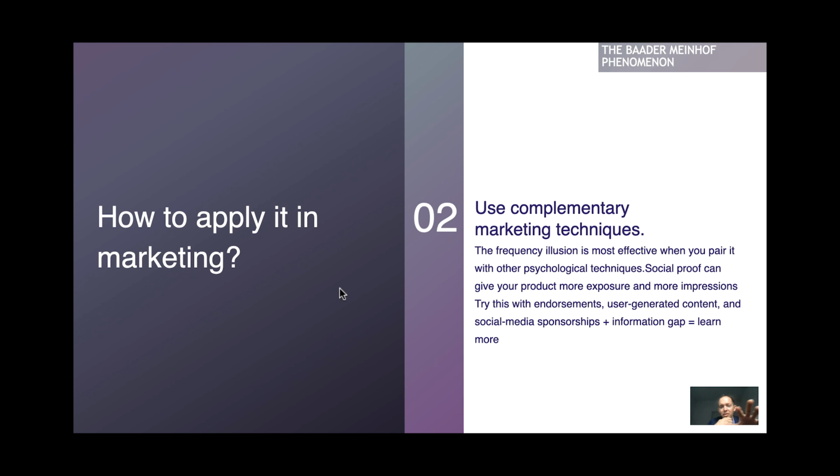So the frequency illusion is most effective when you pair it with other techniques, social proof, for example, because via social proof you get more exposure than via endorsements, via influencers, for example. Use UGC, user-generated content, as well.